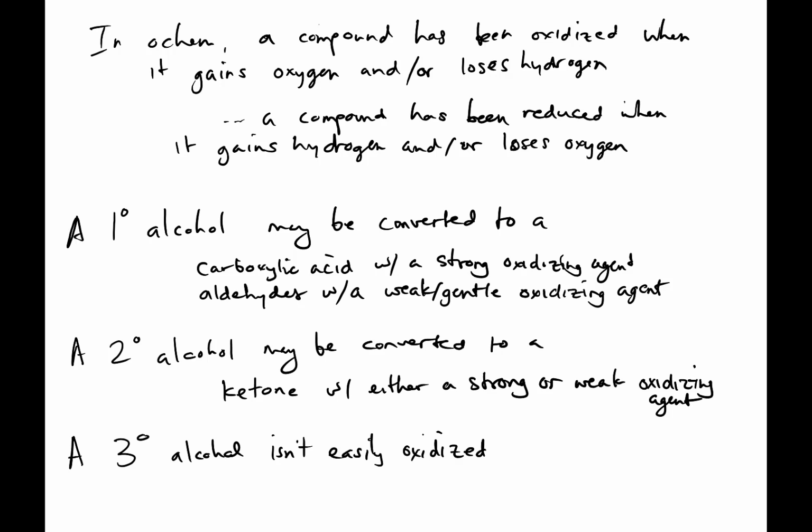So we don't even worry about tertiary alcohols. Or if you see a tertiary alcohol, and then I give you an example, or your homework does this, an example where there's a tertiary alcohol plus an oxidizing agent, you can just put no reaction, right? Sometimes we do NR or NA, not applicable. So that would really be the answer, okay?